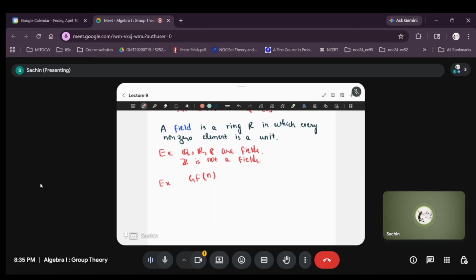So it was preserving the additive structure. When it comes to fields, you have two such operations, so it will preserve both addition and multiplication. And when that happens, essentially there is no difference between the two fields.